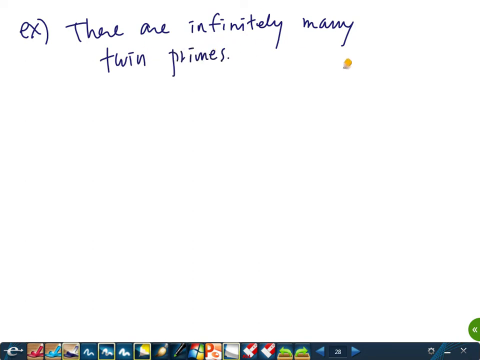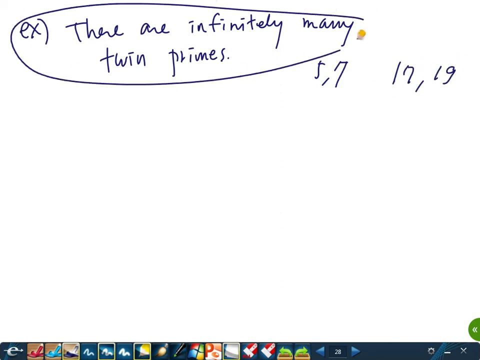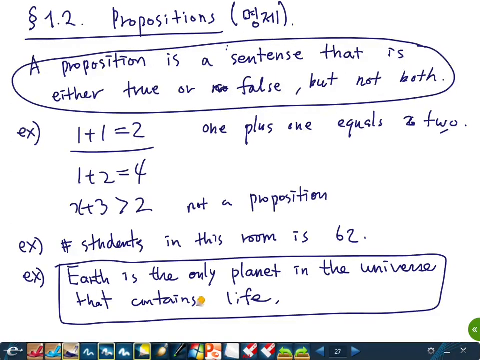Twin primes means two primes whose difference is 2, like 3 and 5, or 17, 19, something like that. Is this a proposition? Yes. Is this true? No one knows whether this is true or not. It's still a conjecture. But still, it's a perfectly fine proposition. Okay? It's exactly the same as this in that sense. No one knows, but it's a proposition.